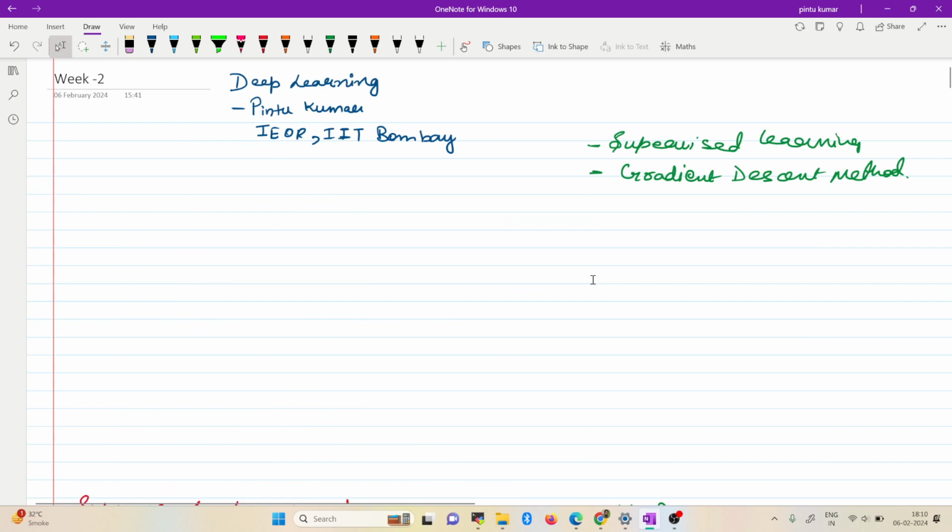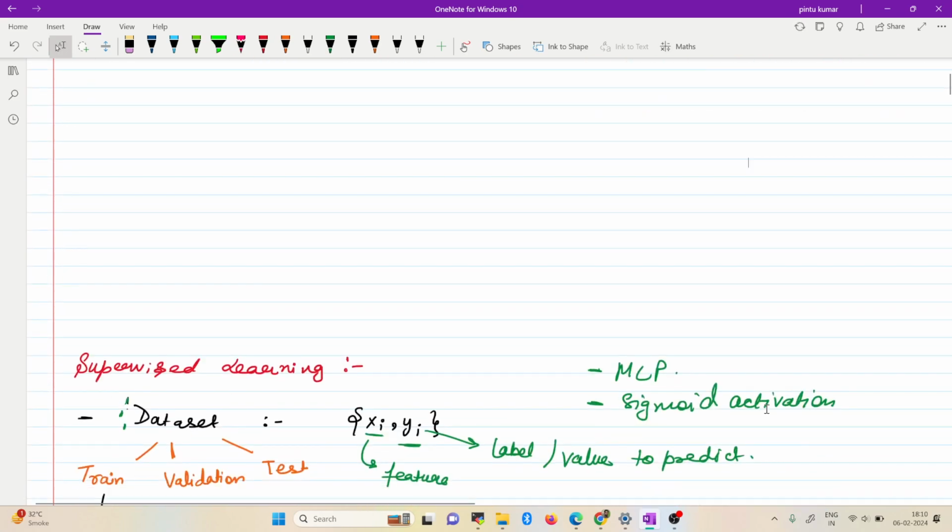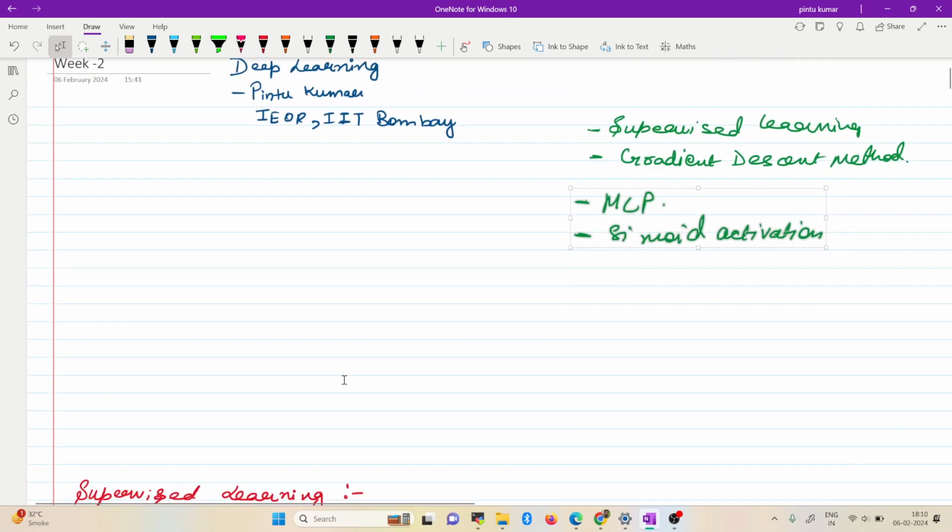What is the first step that you should do when you are provided with some data set? Let's say you are provided with some data set xi comma yi. Here, this xi is some vector from Rn, which would mean that you have some features. For example, last time we did an example where you have a resume, or a CV, as an input, and you want to decide whether you want to hire that person or not.